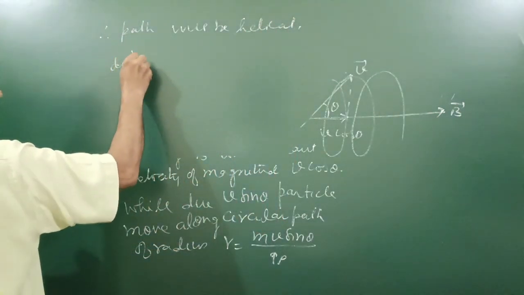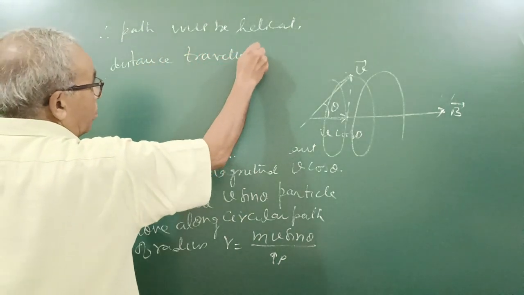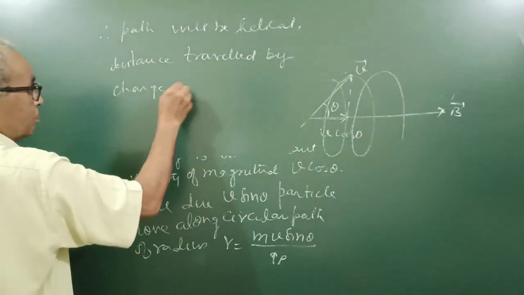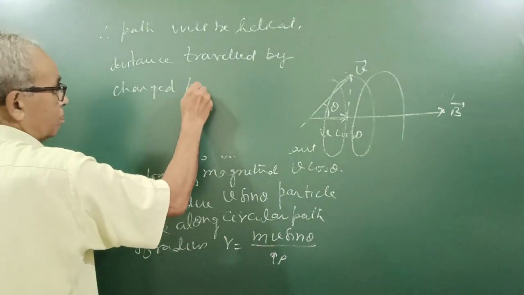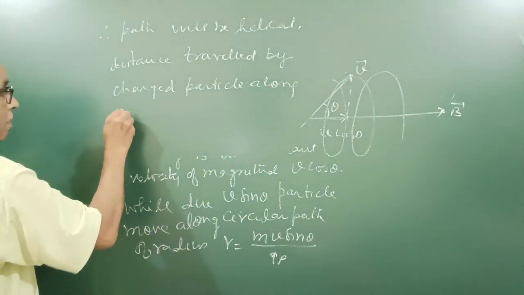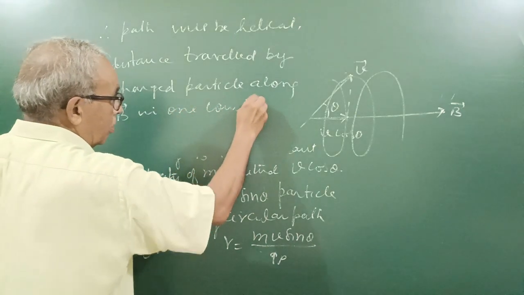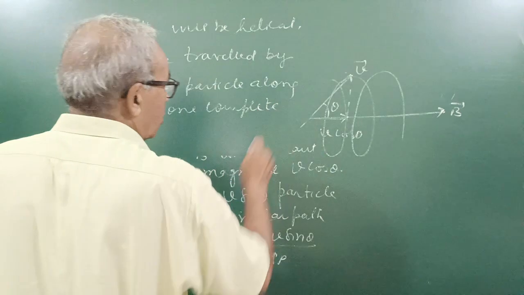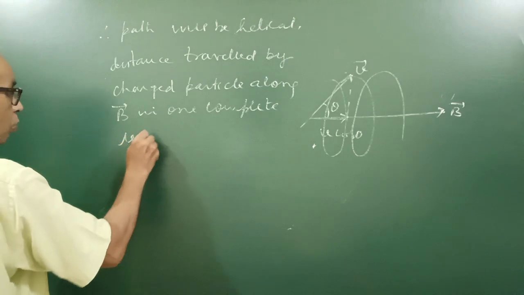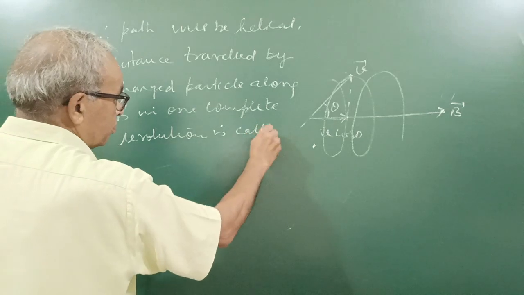The distance traveled by the charged particle along B in one complete revolution is called pitch.